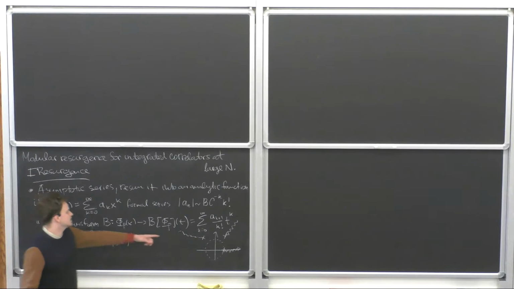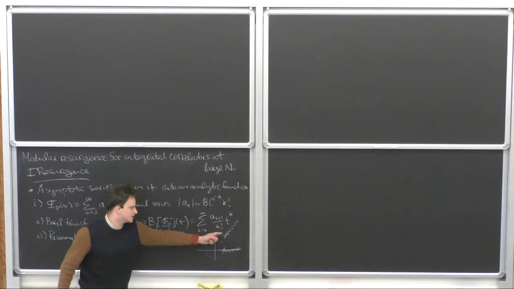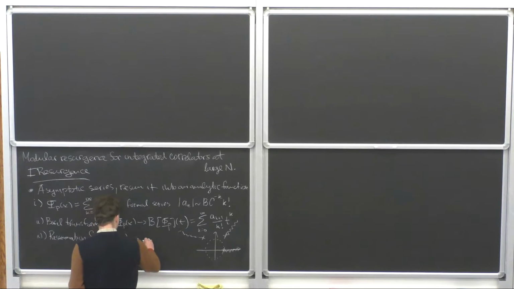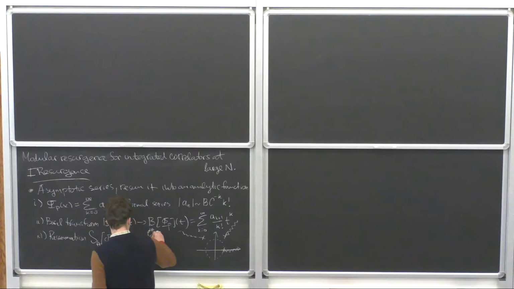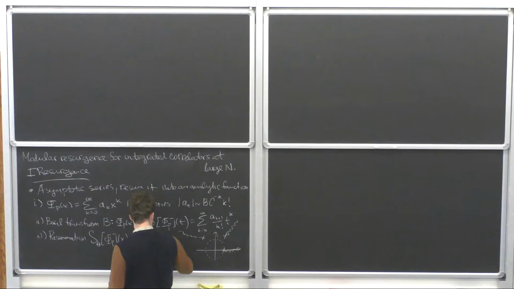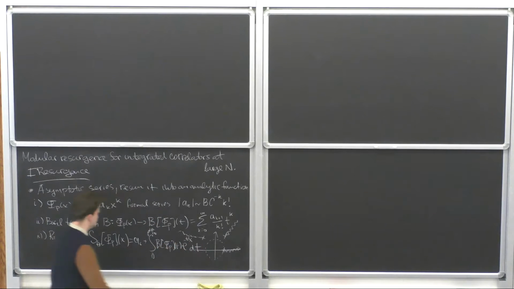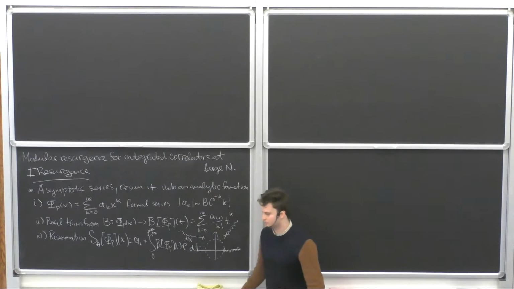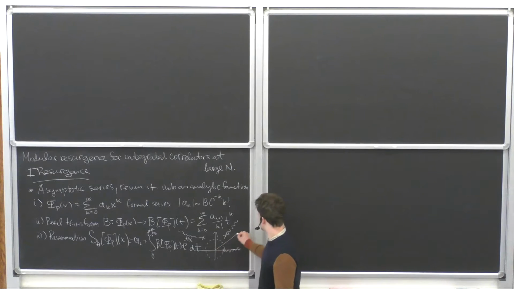That doesn't change anything because we're interested in the singularity structure, so adding a constant doesn't matter, but we can add it back in. And then we have an integral from 0 to e to the i theta infinity of this Borel transform, times e to the minus t over x, dt. So now we've chosen some direction in the Borel plane and we're integrating from 0 to infinity.